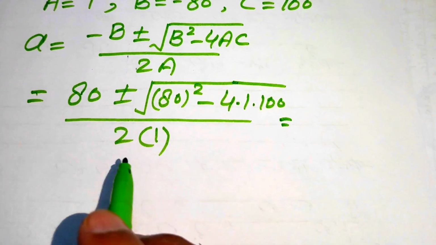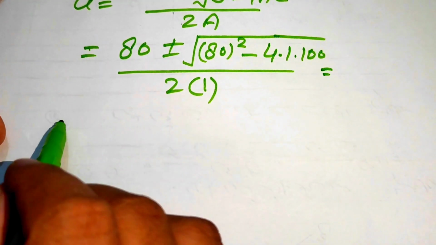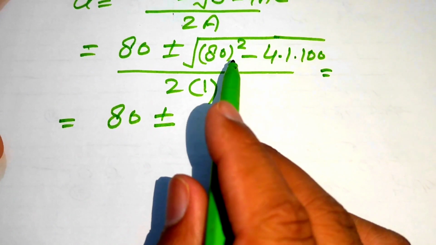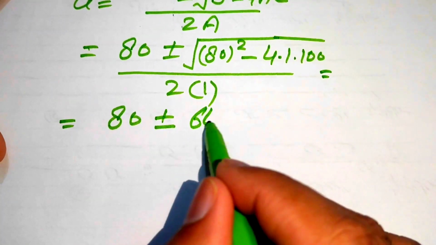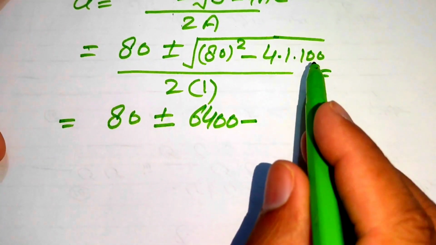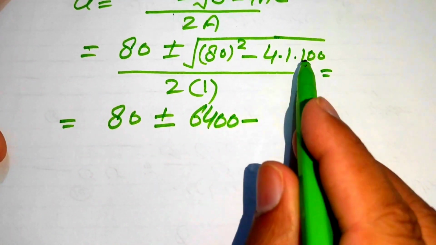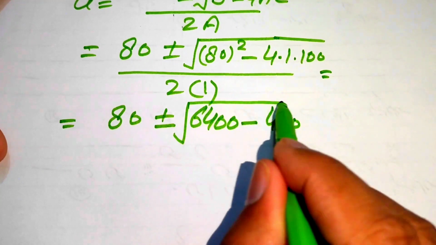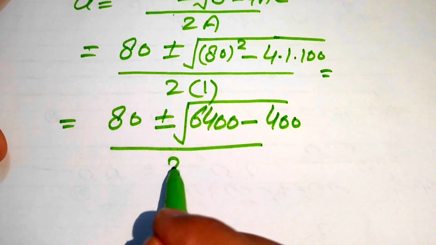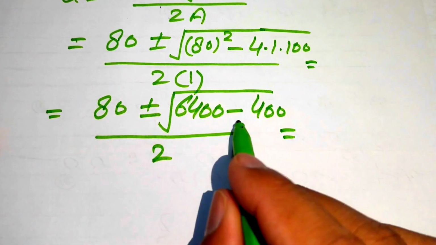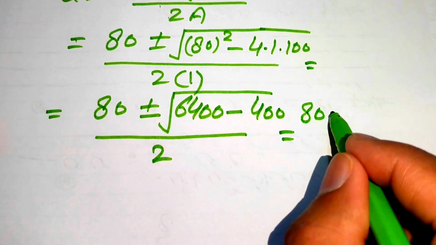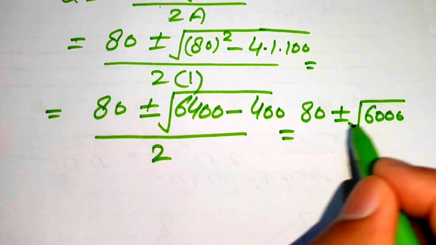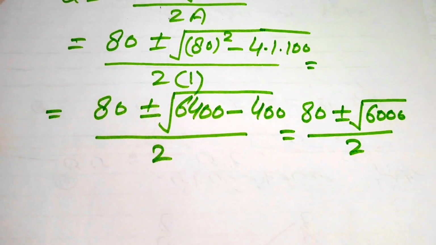So here we simplify the terms, and we write it as 80 plus minus the square root of 80 squared, which is 6400, minus 4 times 100, which is 400, the whole square root divided by 2. When we subtract these values, it will be equal to 80 plus minus square root of 6000 divided by 2.